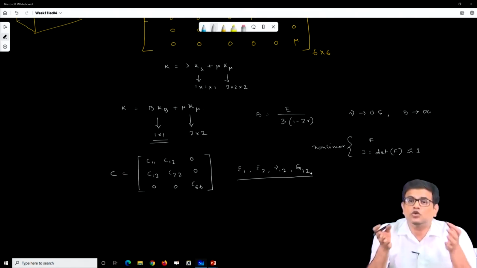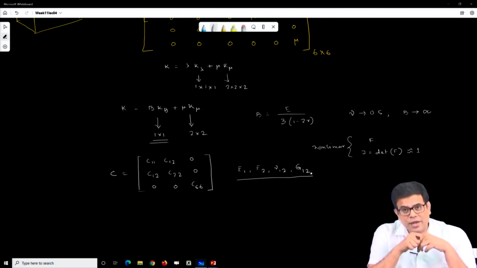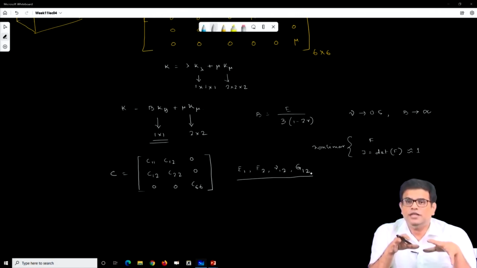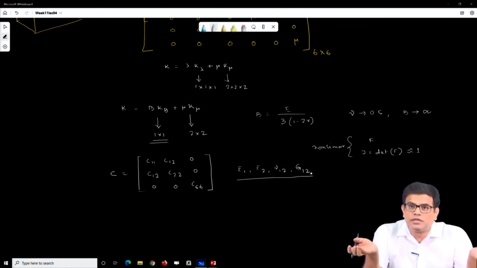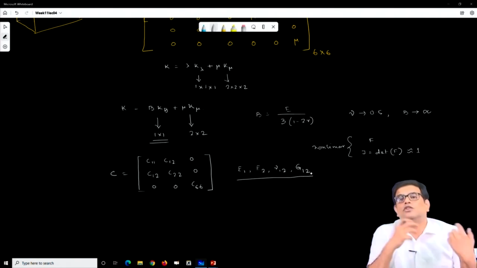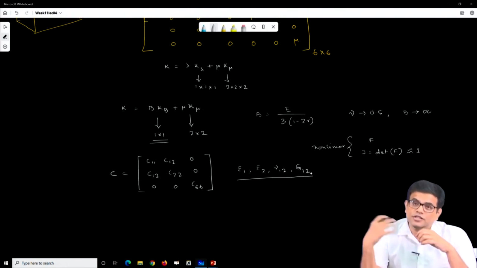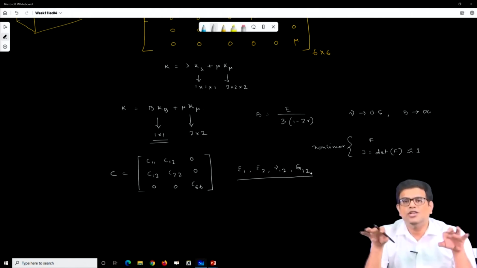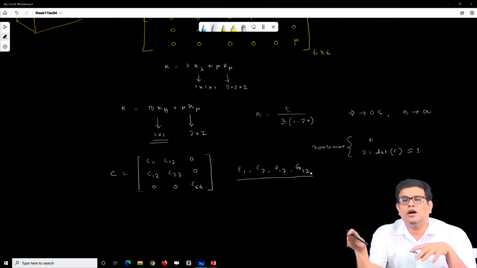We consider that to modify our stiffness matrix. The main ingredient is that, instead of modifying the C matrix, why not modify the B matrix, that is the strain displacement matrix, in such a way that the volumetric component and the deviatoric strain component are separated out. Then the volumetric component we can integrate separately, and the deviatoric component we can integrate separately.